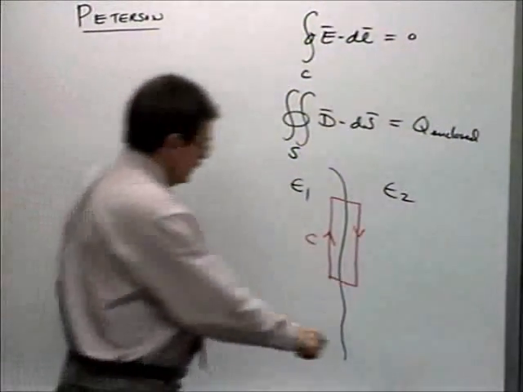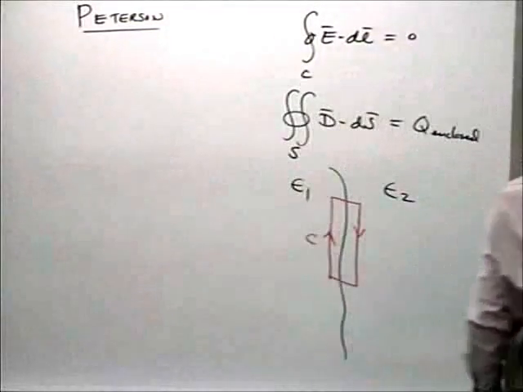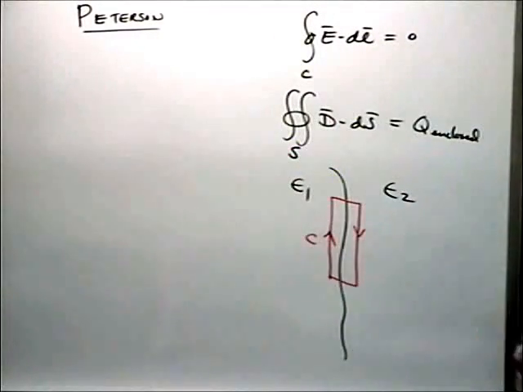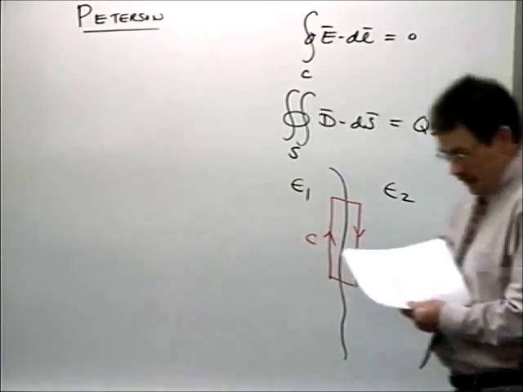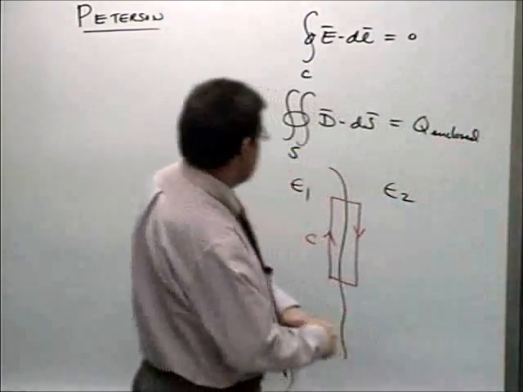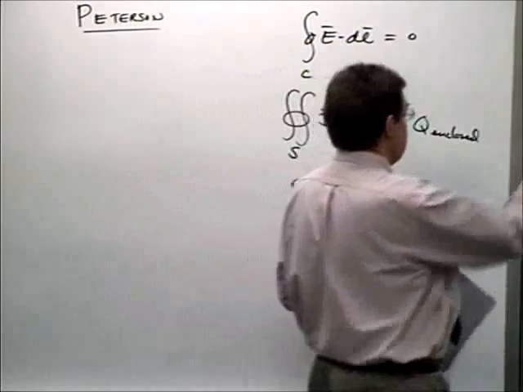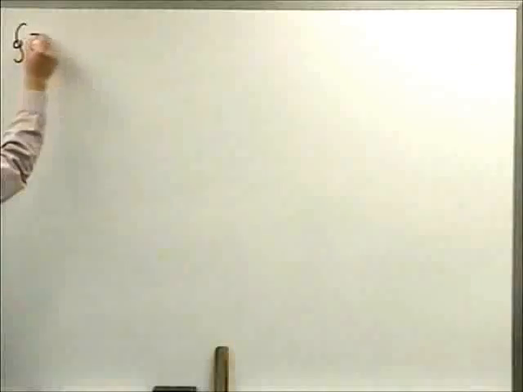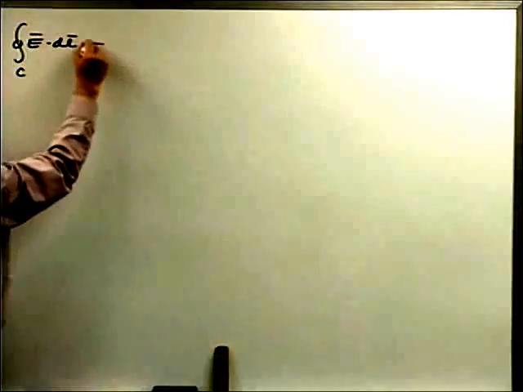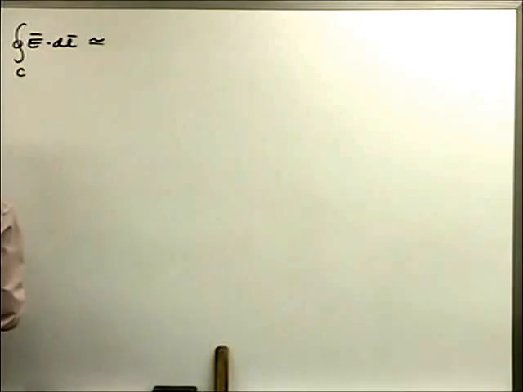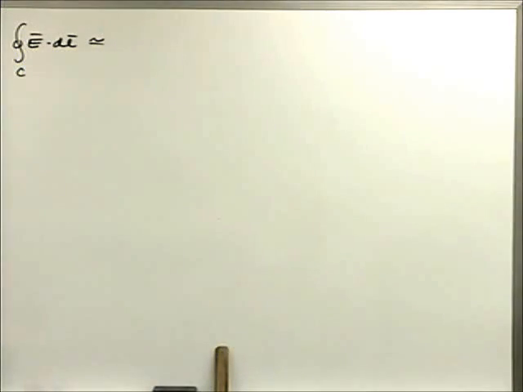And if I take this integral of E dot dl and at least conceptually apply it to this situation, I get the following. And I'm going to neglect the short sides of this.